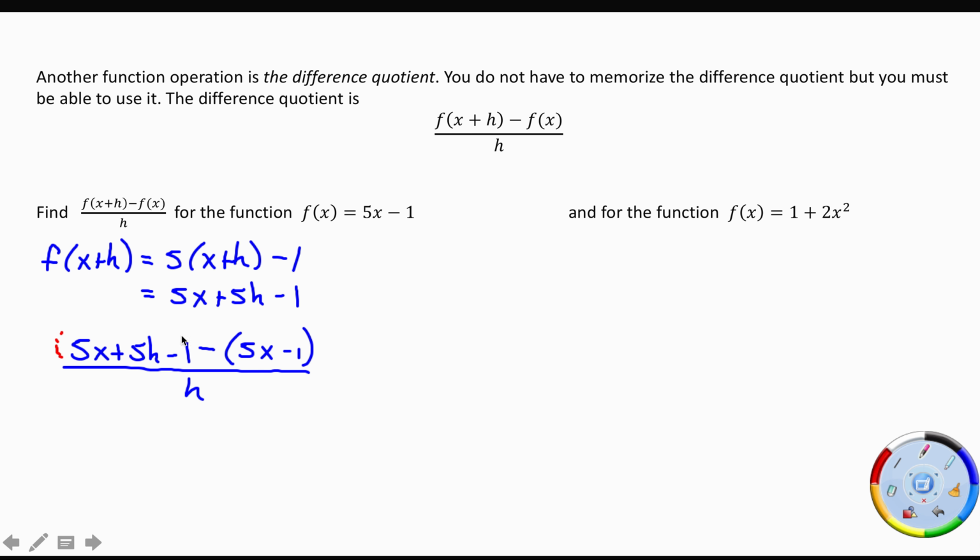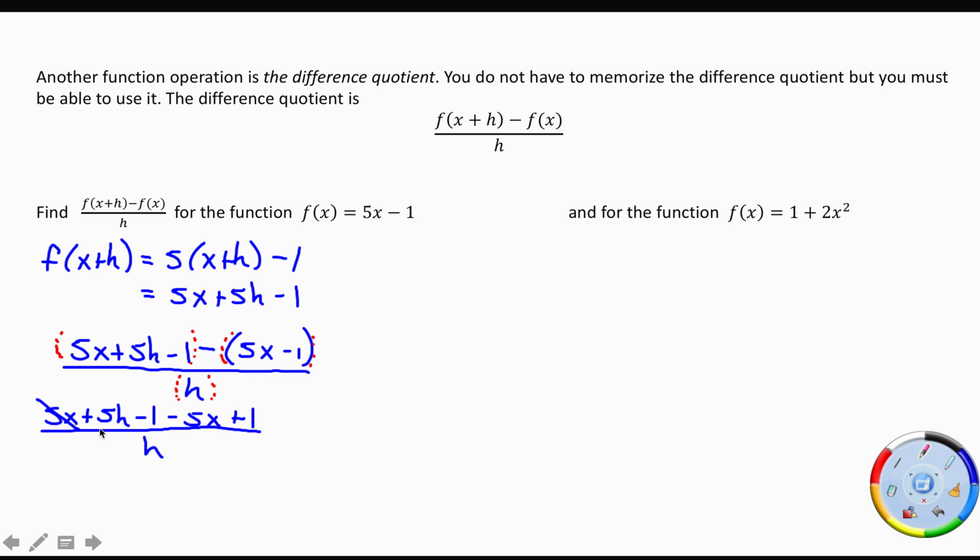Here's f of x plus h minus f of x all over h. All I have to do now is just simplify it. So I'm going to distribute that negative. 5x plus 5h minus 1 minus 5x plus 1 all over h.